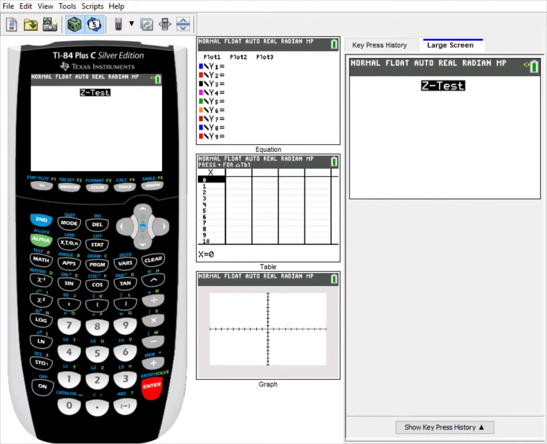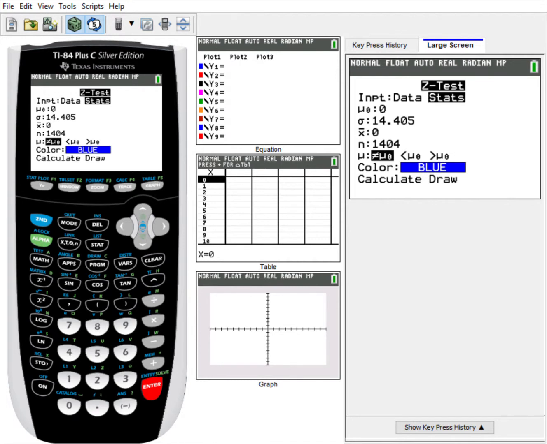In the example on the mean age of doctors, I was given the stats. The mu sub 0, that's the null hypothesis, so we're going to type in 46. The standard deviation of a population should be given to you within the problem. In this case, it's 4.2.